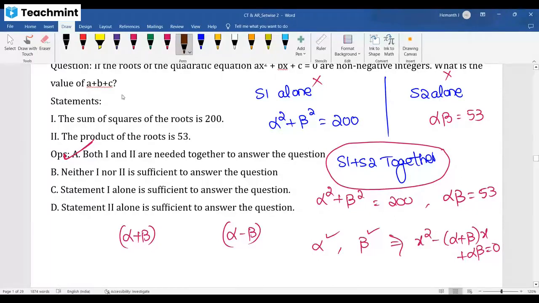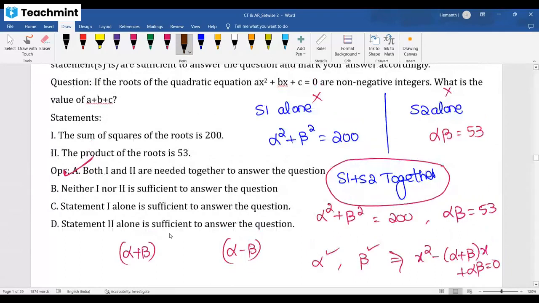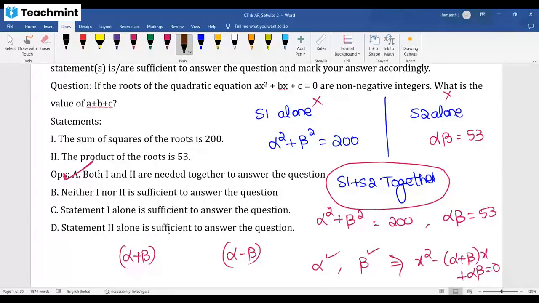They said we are not talking about ABC as integers. Fine, okay. It should be non-negative integers. Roots should come as non-negative integers. That depends on alpha and beta. Suppose alpha and beta are not non-negative integers, then we have to say both statements together are not sufficient. We need additional data.